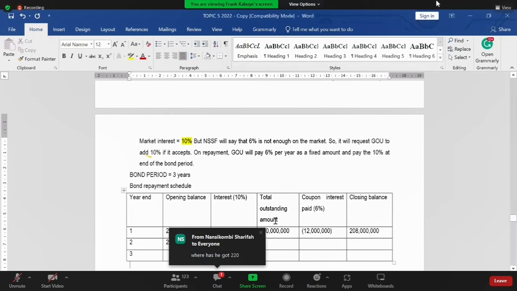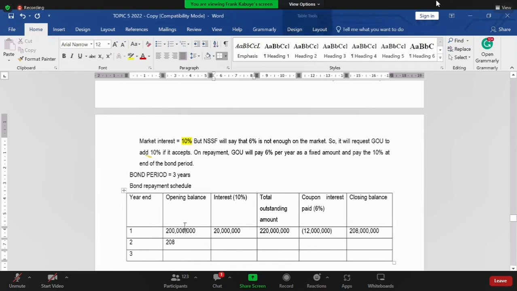Total outstanding amount: can't you have added 200 plus 20? The opening balance, what you borrowed plus the interest, then minus what was paid. We remain with 208. Then we're going to get 10%, which will be 20,800,000, like that.